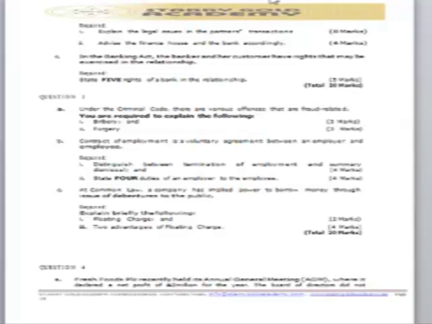Question number 3. Under the criminal code, there are various offenses that are fraud related. You are required to explain the following: bribery and forgery.